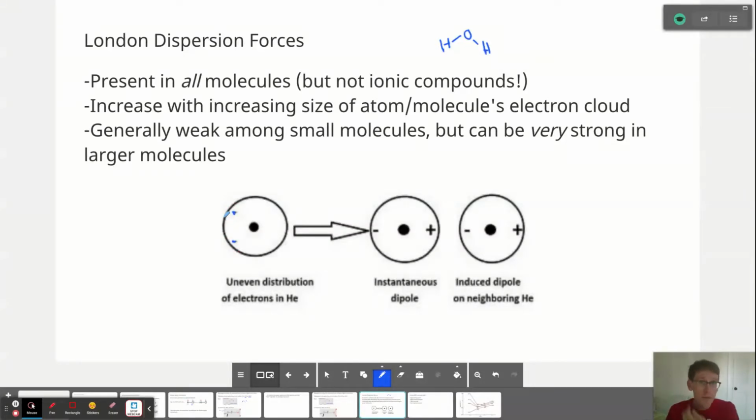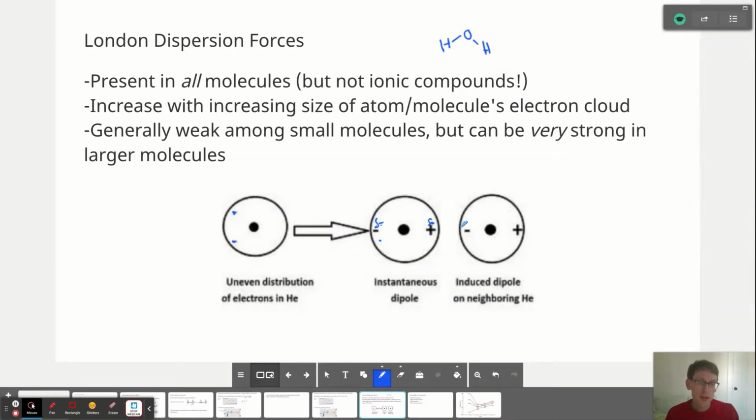They're moving around fast, randomly. Maybe at this instant we have the electrons asymmetrically distributed. In that case, we have a partial negative on the left side where the electrons are, and a partial positive on the right side where there are no electrons.